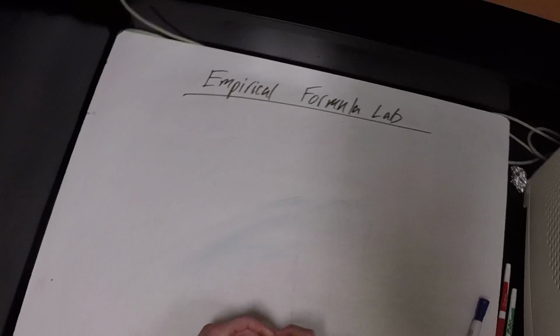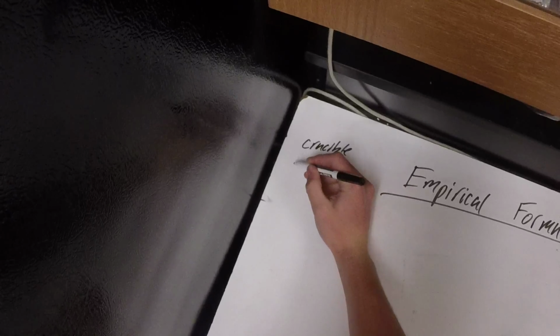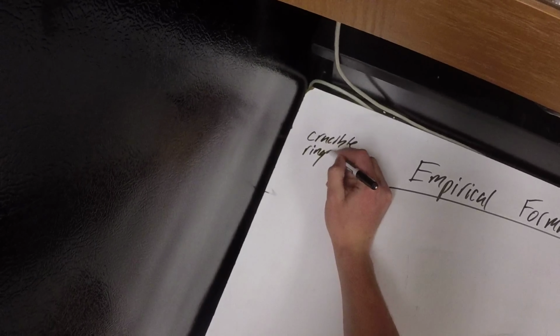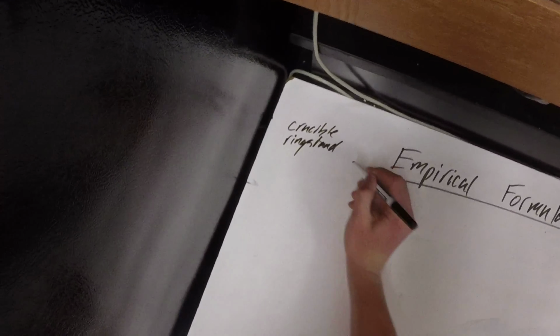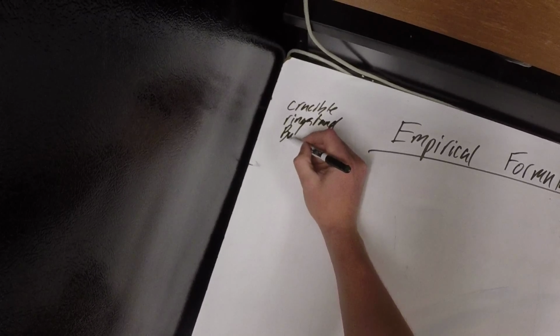Alright, and in this lab you're going to have a crucible. Just write this applies over here. A ring stand. A Bunsen burner.